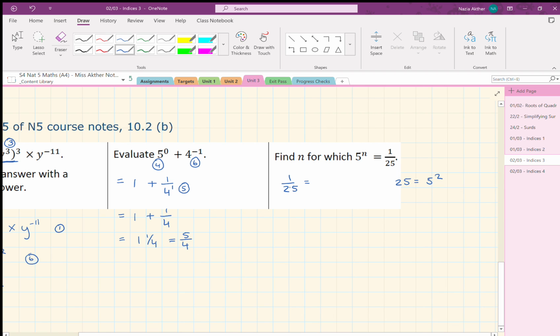So then I can write 1 over 25 as 1 over 5 squared.